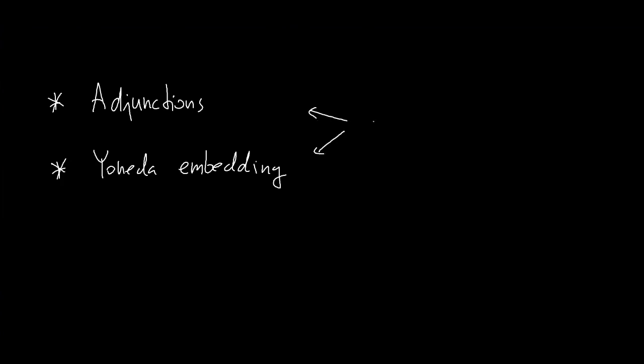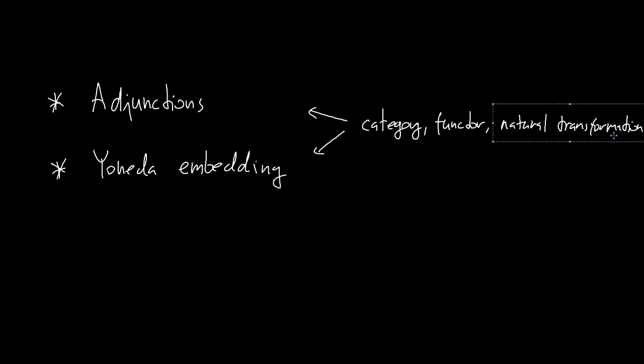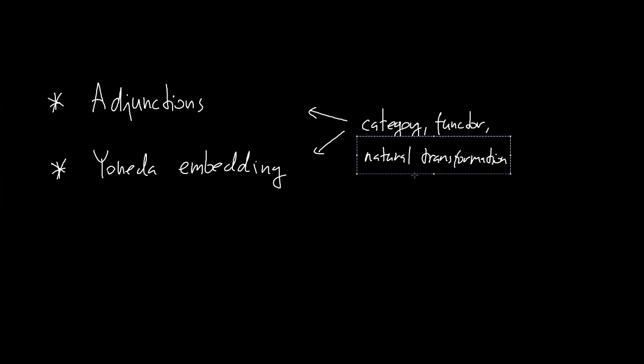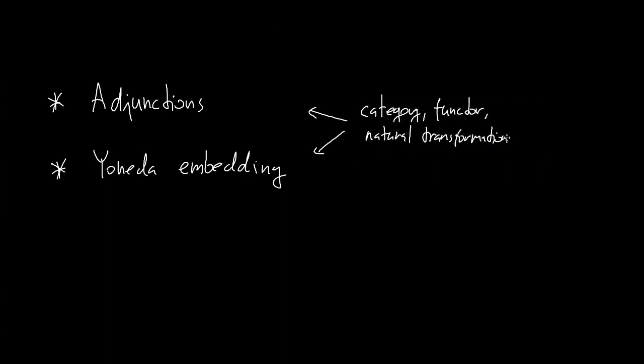So both of these rely on the concepts of category, functor, natural transformation, and once one knows these three concepts, after that, each of these topics would be 10 lecture material.